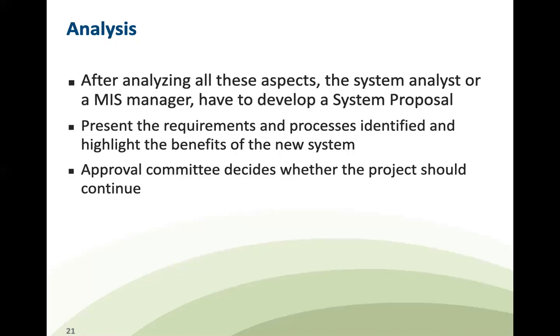So the requirements and processes that are identified should be presented. What are the requirements and what are the required processes? Those should be presented, and the benefits of the new system should be highlighted as well. The approval committee decides whether the purchase should continue. Then the approval committee will look into this system proposal and check whether this purchase should be continued.